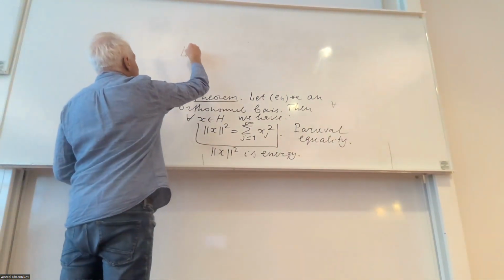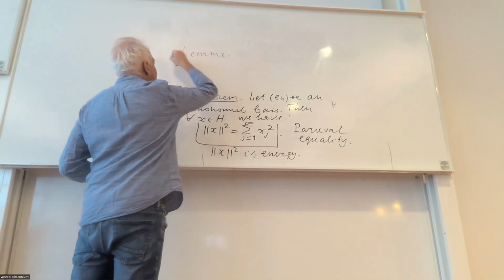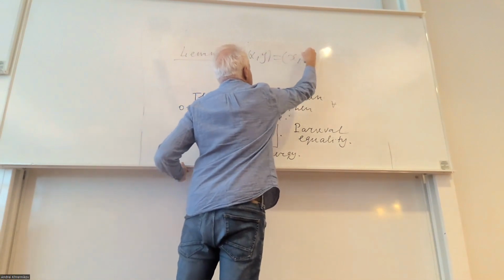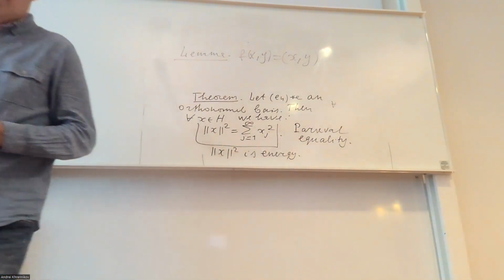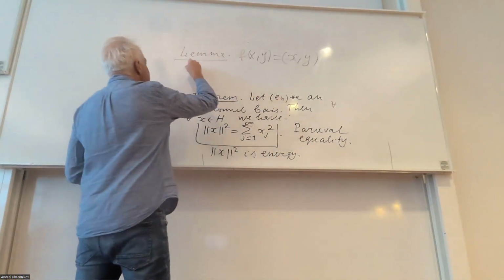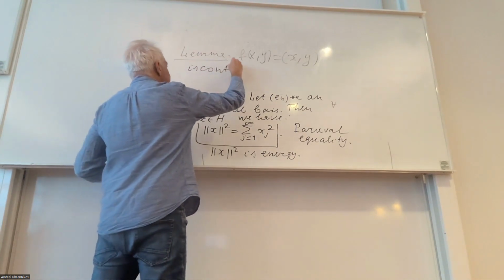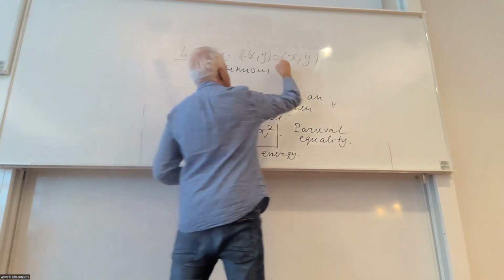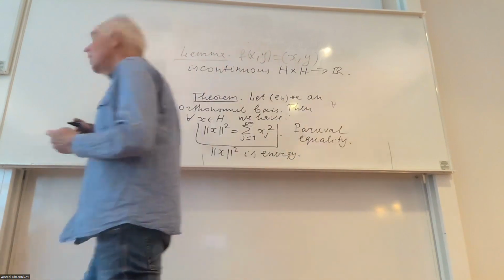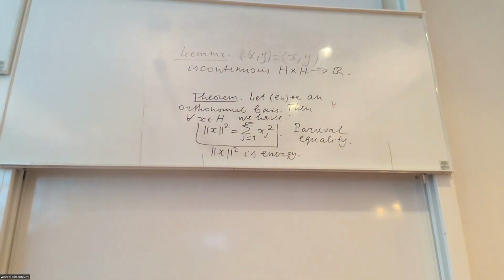Lemma: the function f(x, y), the scalar product of x and y, is a continuous function on the Cartesian product of a Hilbert space with itself. So the scalar product is a continuous function of two variables. The scalar product has real values, so this is a function from the Cartesian product of two Hilbert spaces into the real line.